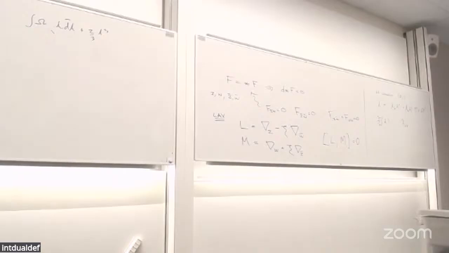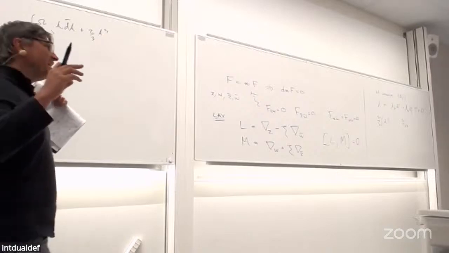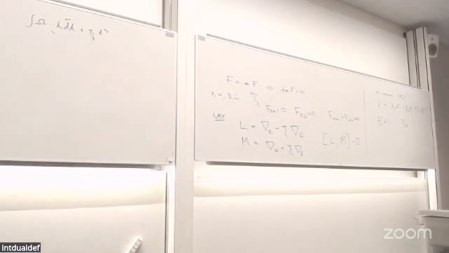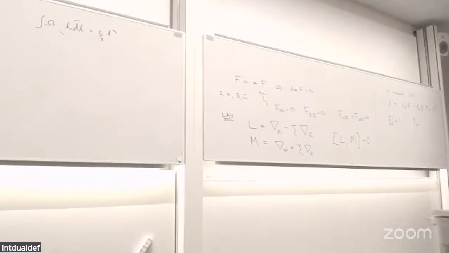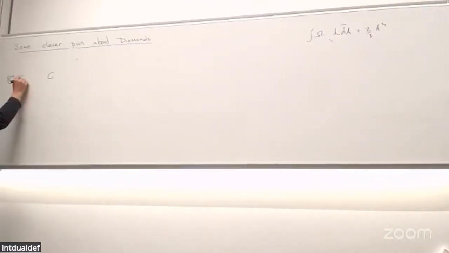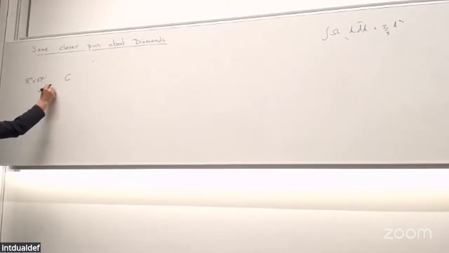Okay, so I told you the upstairs space is R4 times CP1. What I didn't really explain to you carefully was how the complex structure is on this upstairs space. It isn't the direct product of complex structures on R4 and CP1. There's some twisting. So for this talk, I'm going to take a number of liberties.